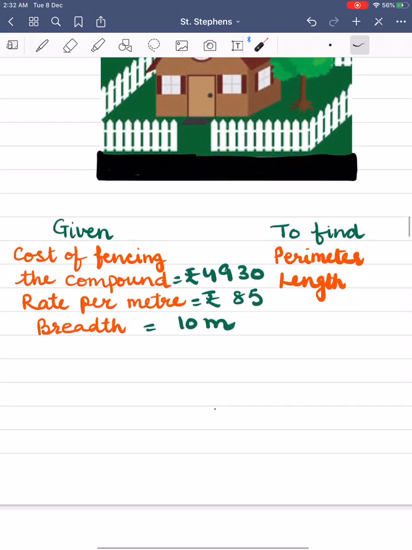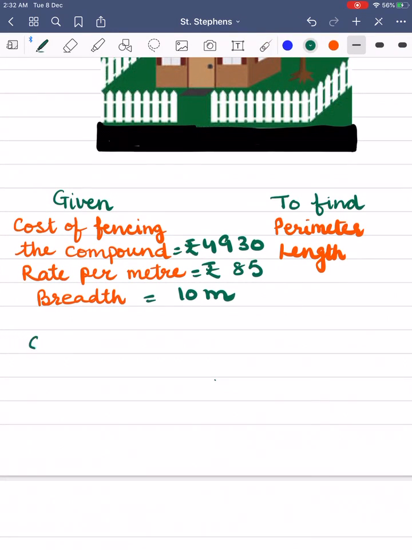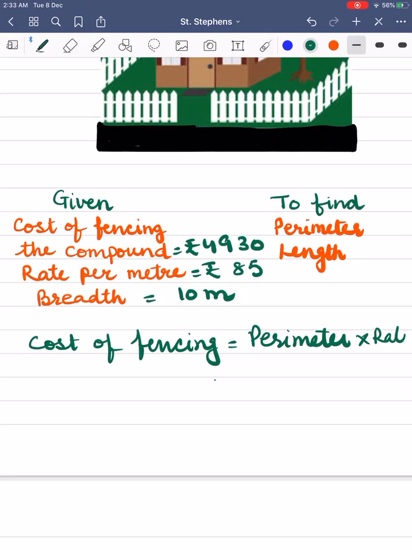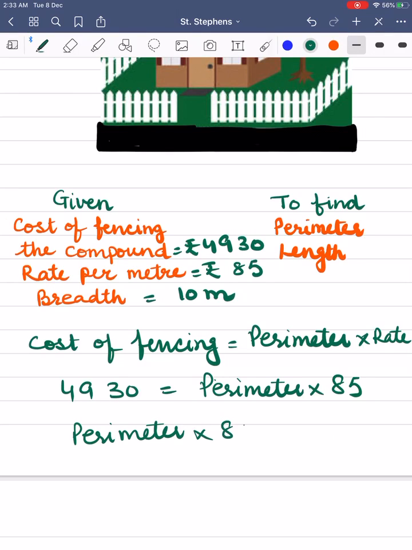Now children, we know that cost of fencing is equal to perimeter into rate per unit. Let's substitute the value of cost of fencing and rate from the question. So we have here 4930 is equal to perimeter into 85, or we can write it as perimeter into 85 is equal to 4930.